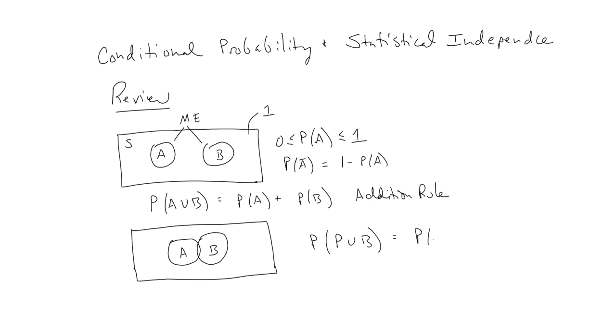So we can add them together, but we don't want to double count that overlap. If this is A and this is B, and they're not mutually exclusive, they intersect, there's going to be 2 layers to that relationship. And we're going to subtract out one of those intersections.